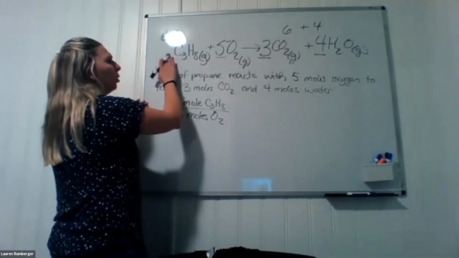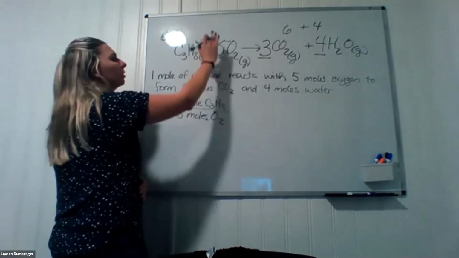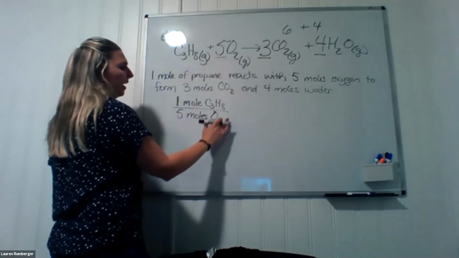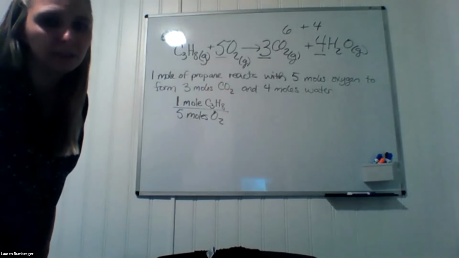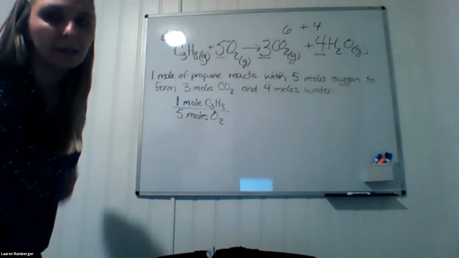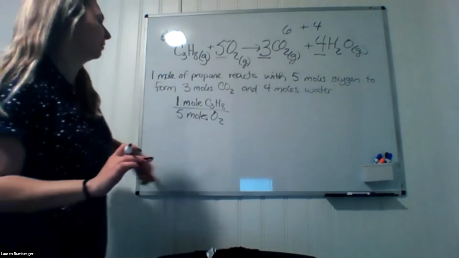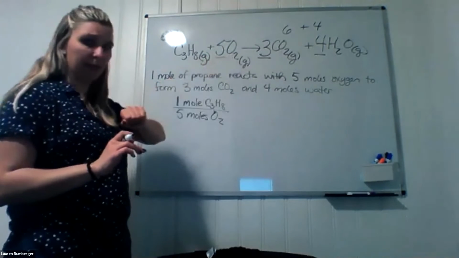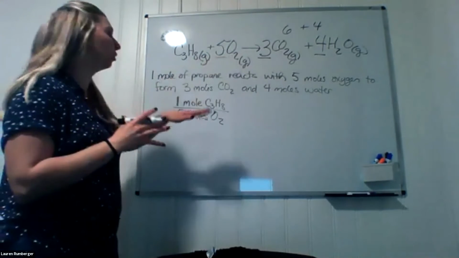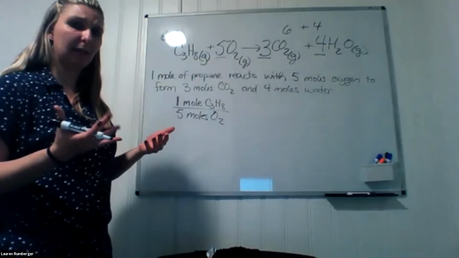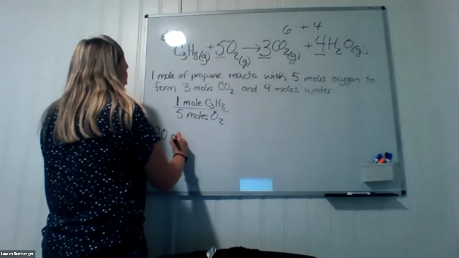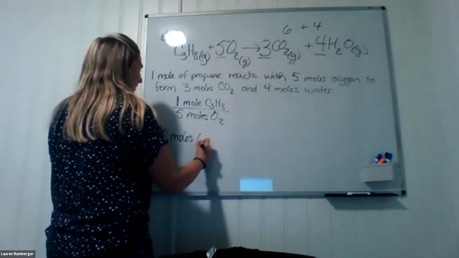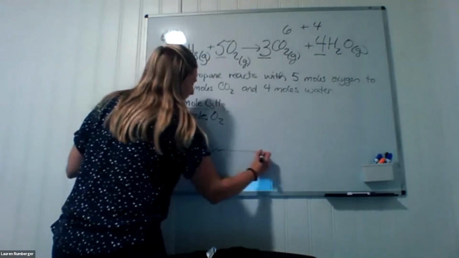For every 1 mole of propane, there's 5 moles of oxygen that reacts. Okay. Now the question said, if we are reacting 20 moles of oxygen, how many moles of propane is reacting? So we're going to start with 20 moles of oxygen.